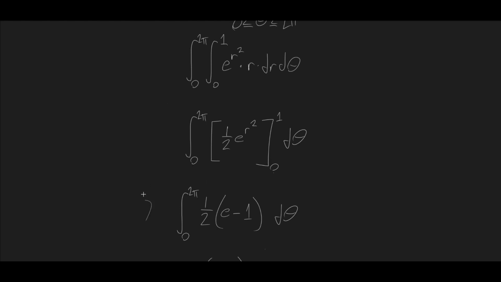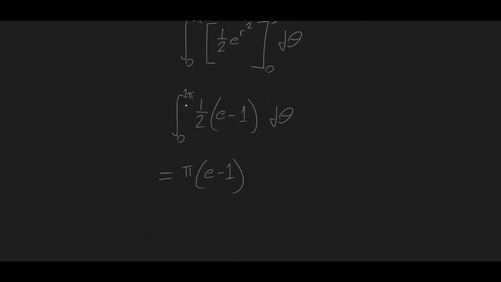And remember, we still have that other integral in there from 0 to 2 pi for theta. We're just going to multiply 2 pi into this, and we get the answer equals pi times (e minus 1). So this is what the volume of our double integral will be.